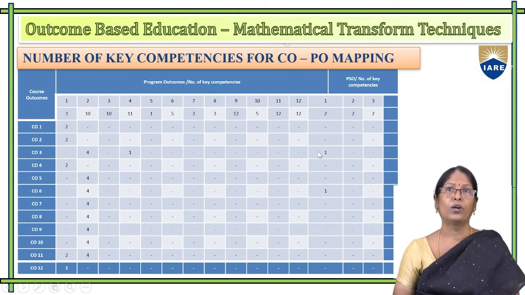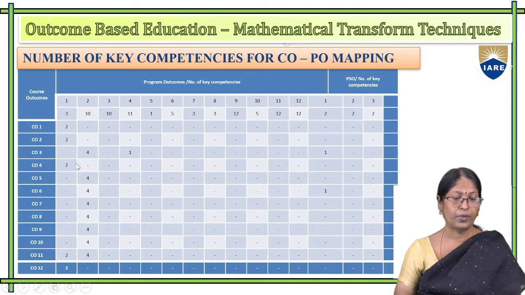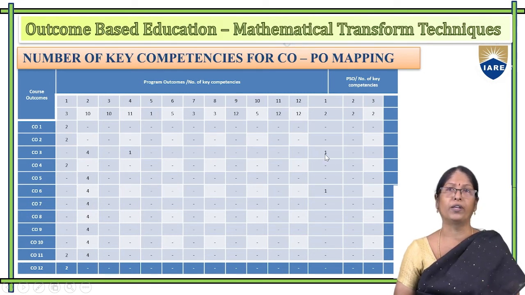Here CO3 satisfies 1 element. This is the way the table is filled, based on how many elements our course outcome satisfies.